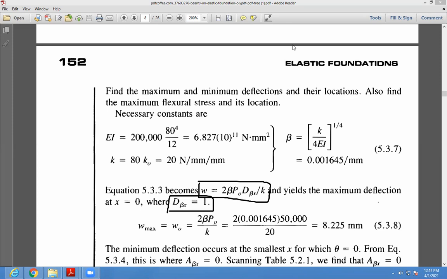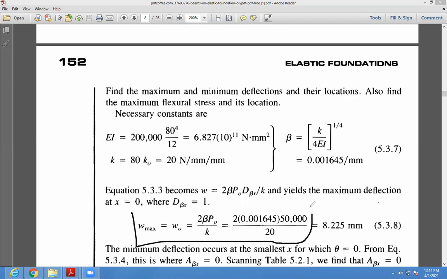So therefore, W max is equal to W naught is equal to 2 beta P naught by K.